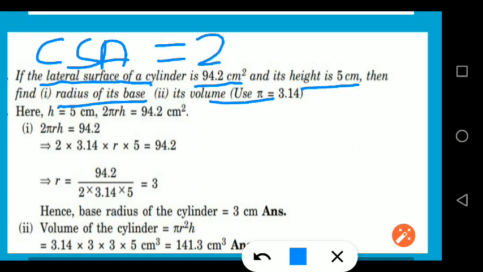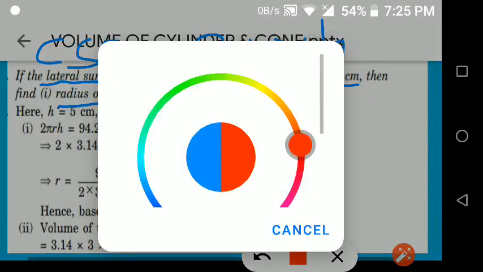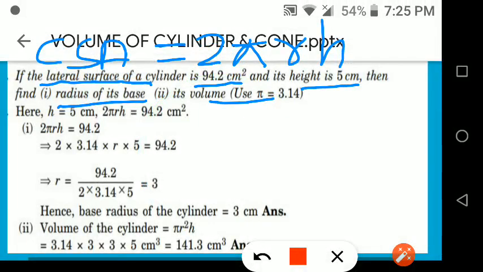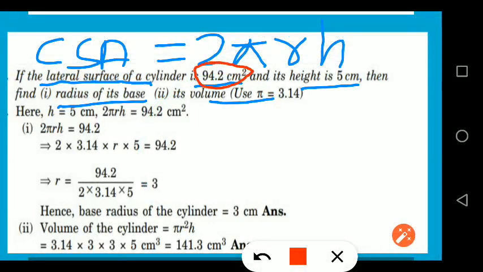CSA is 2 pi r h. Now we know that CSA is 94.2 centimeter square and height is 5. When we substitute the values here, we will get our radius as 3.